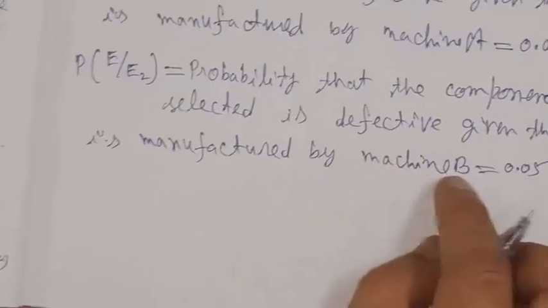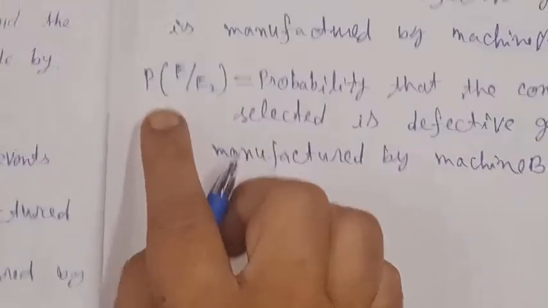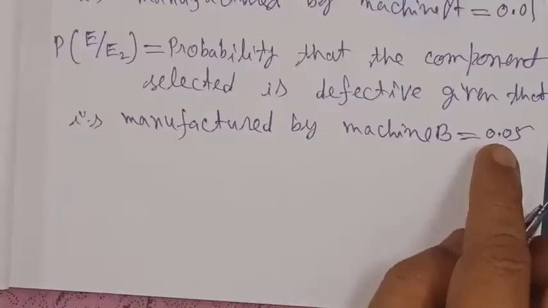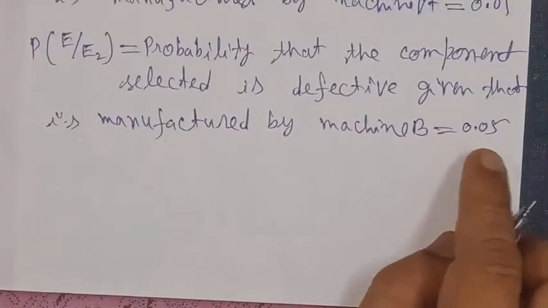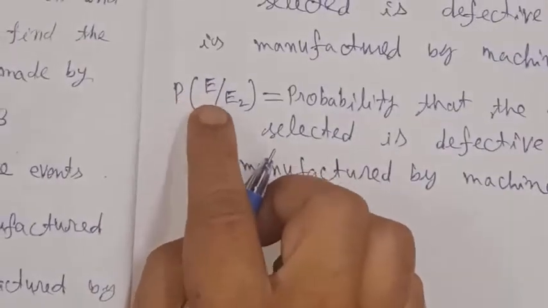So I write the value of P(E/E2) is equal to 0.05.